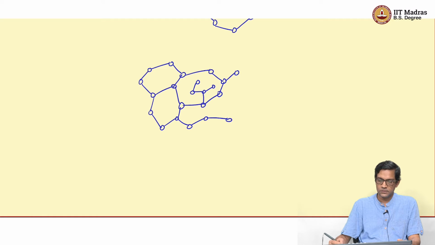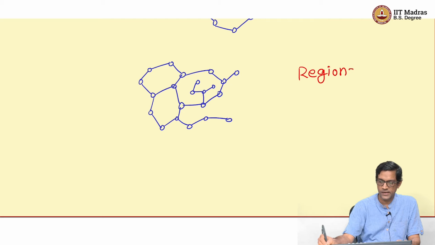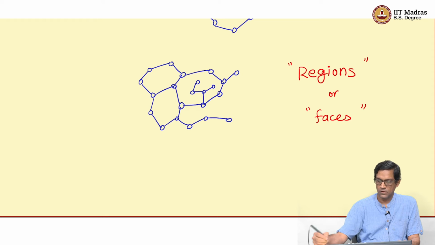Now, one of the important things one observes when one has a planar graph is that it somehow divides the plane into various what we would call regions or faces. Okay, so if you have a planar graph, you automatically have the notion of regions or faces of the graph.